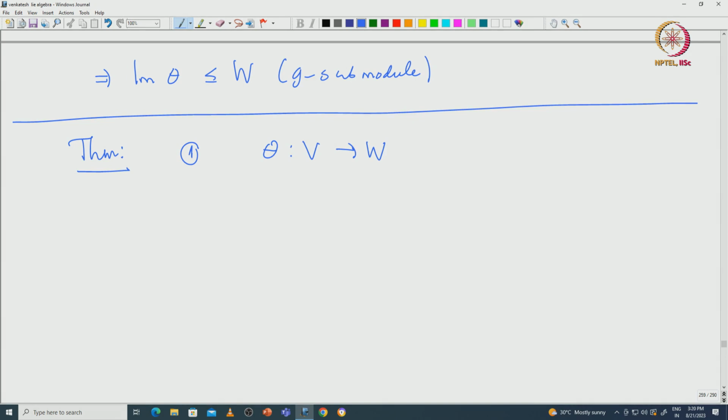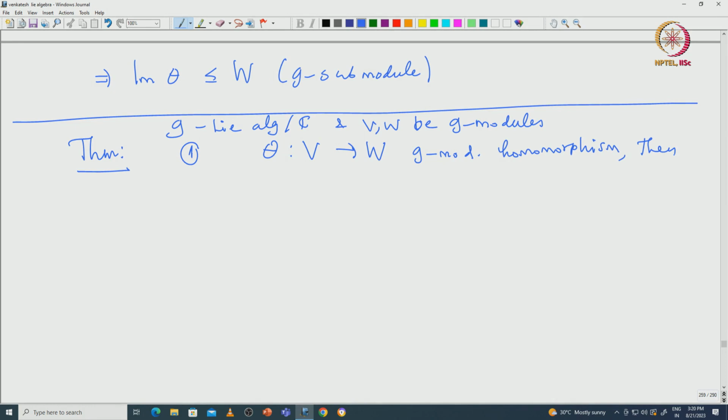So, start with G being a Lie algebra over C, V and W be G modules, and let theta be a G module homomorphism. Then we have already seen that kernel theta is a G submodule of V and image theta is a G submodule of W. So, we can talk about V modulo kernel theta.